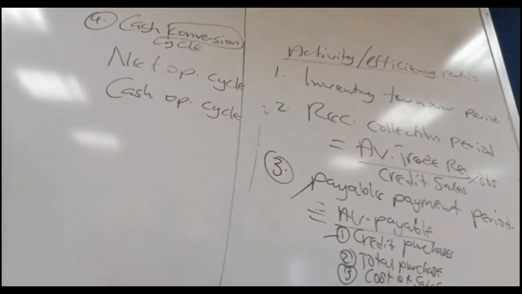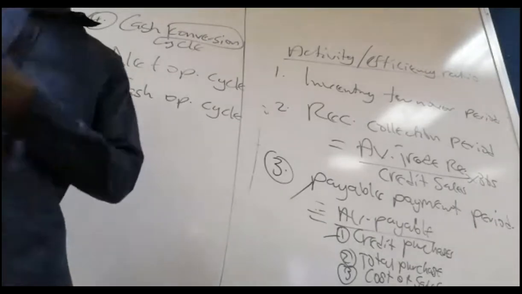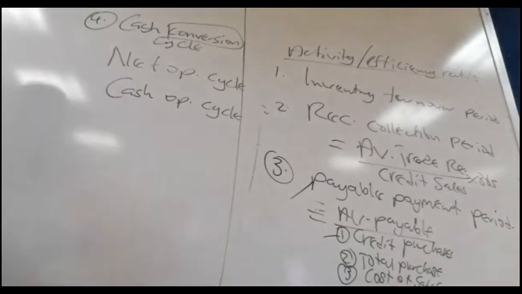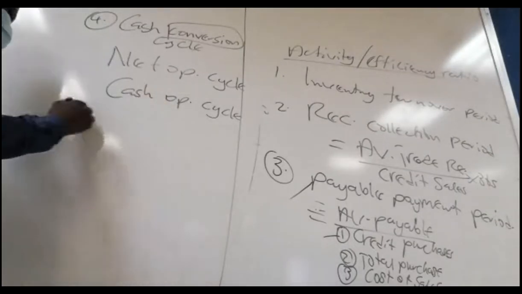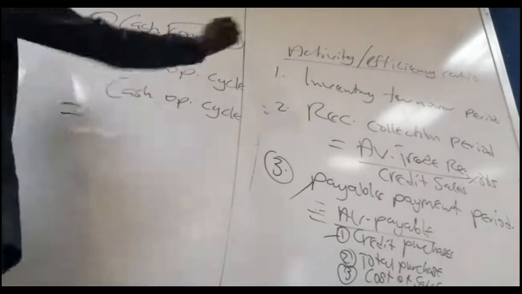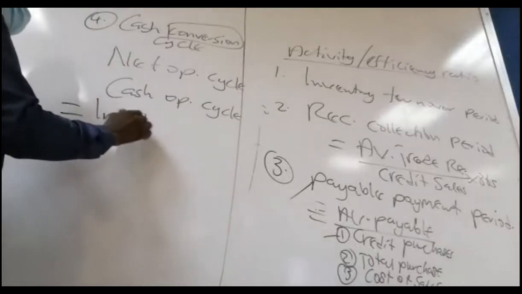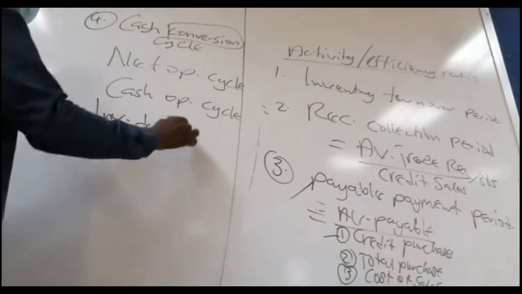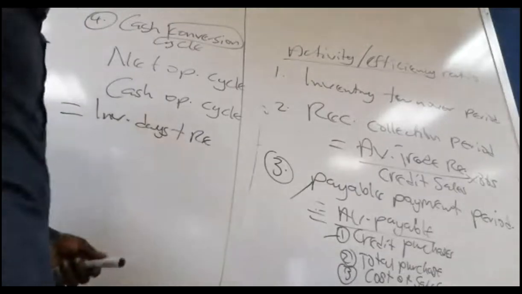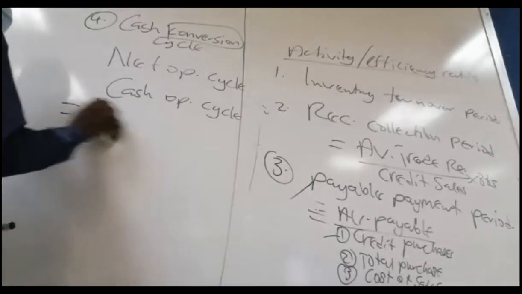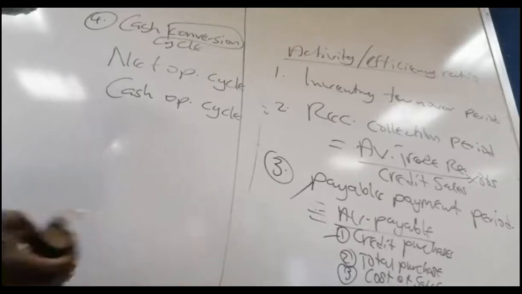It's critical in the learning. The monetary version of this is what we call the amount of working capital needed for the organization. This is equal to the inventory days plus receivable days less payable days.